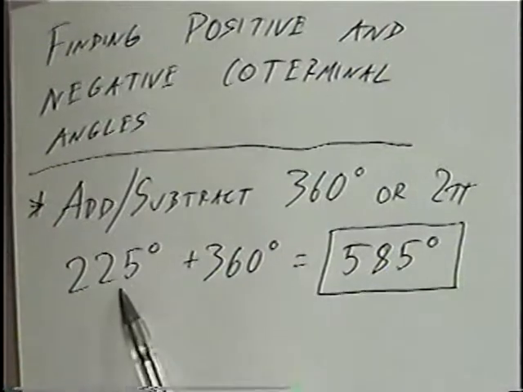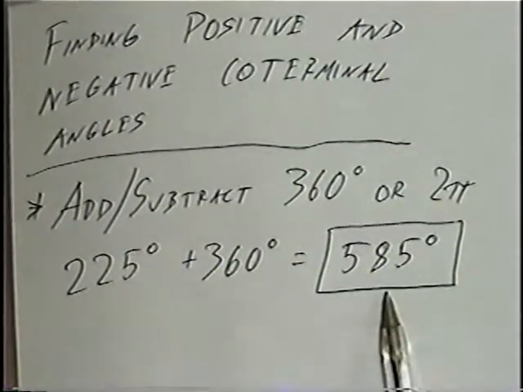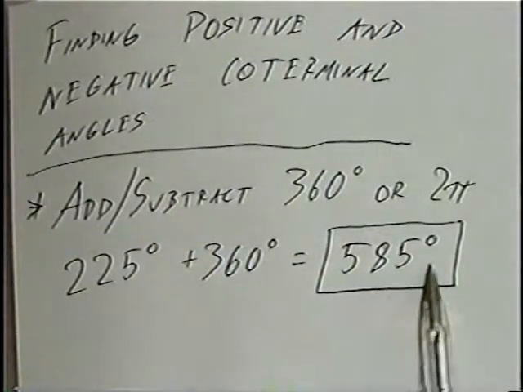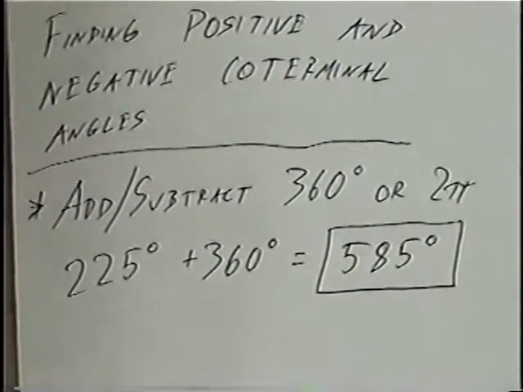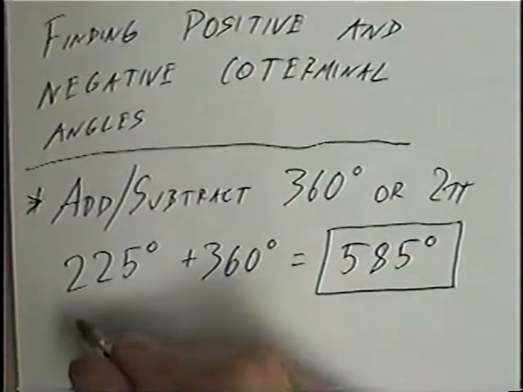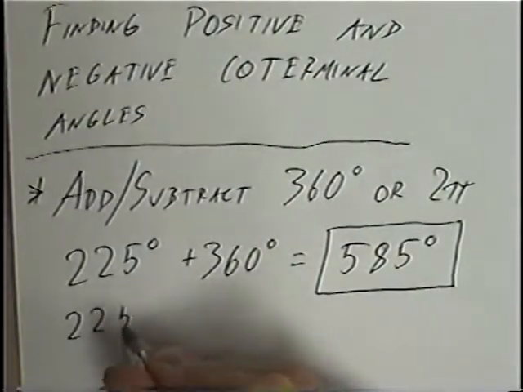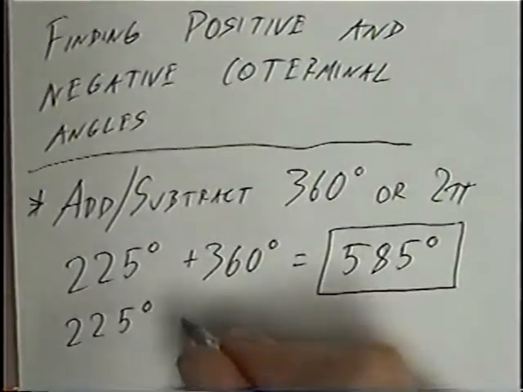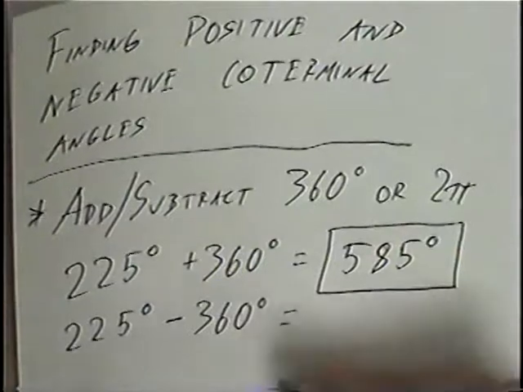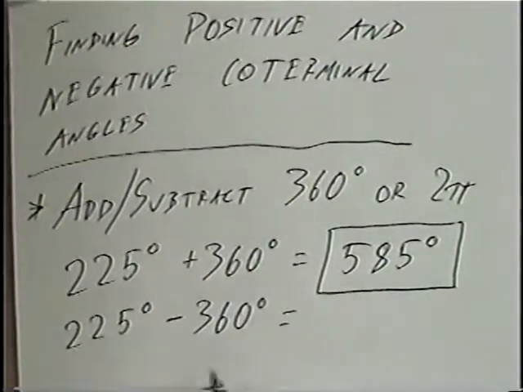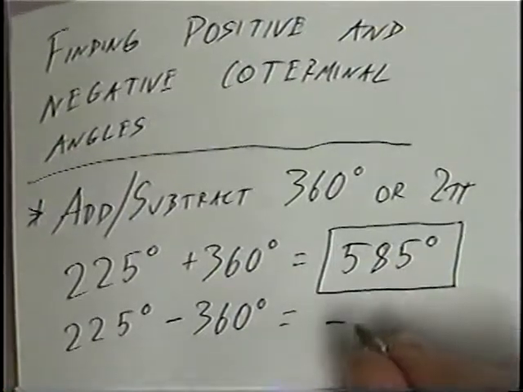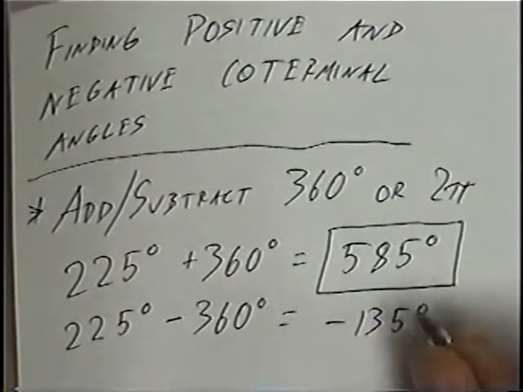What that means is 225 degrees is the same as 585 degrees, except 585 degrees has one extra revolution around the circle. To find a negative coterminal angle, we can take the original angle of 225 degrees, and instead of adding 360, we can subtract 360. 225 minus 360 would be negative 135 degrees.